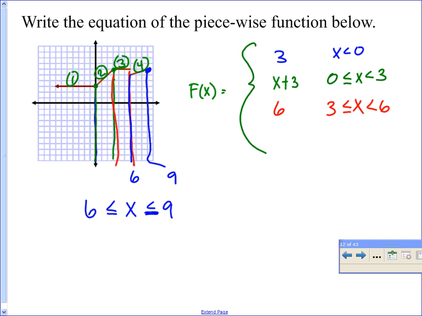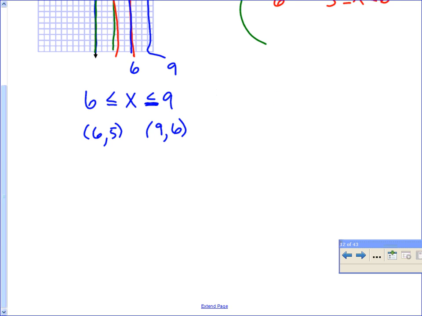It contains these 2 points, which look like (6, 5) and (9, 6). So the slope is going to be 6 minus 5 over 9 minus 6, which is 1/3. So we have a slope of 1/3.